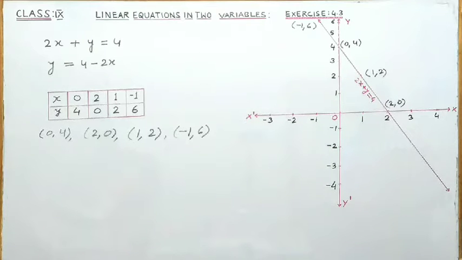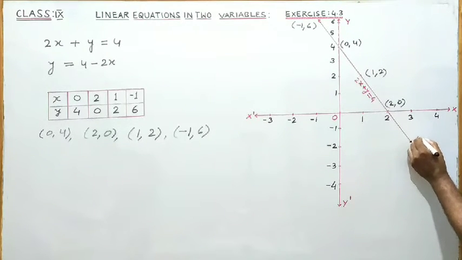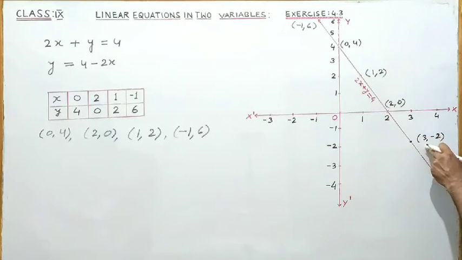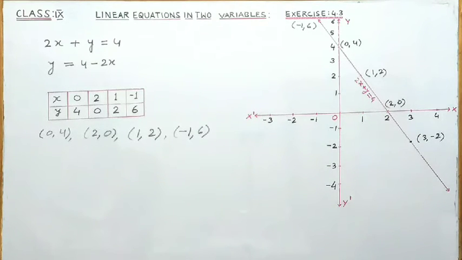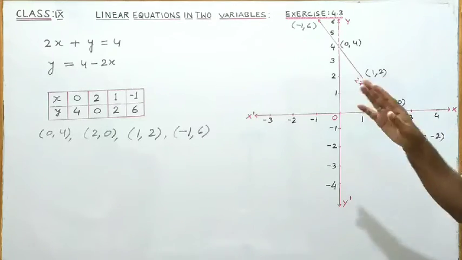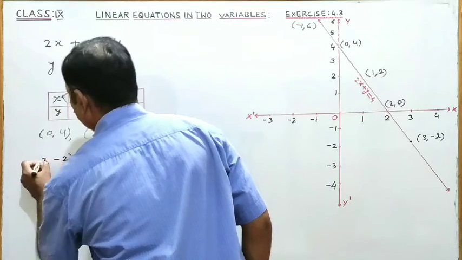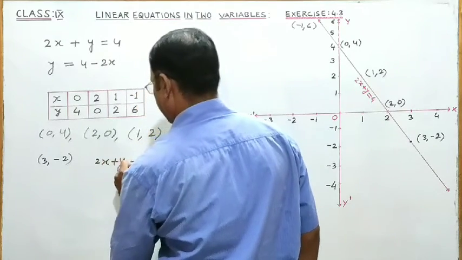Now let us consider a point on this graph of the linear equation. Let us say this point (3, minus 2). So this is a point on the graph of the linear equation 2x plus y equal to 4. Now we have to verify whether this point, which is lying on the graph, is a solution of this equation or not. Is (3, minus 2) a solution of 2x plus y equal to 4?